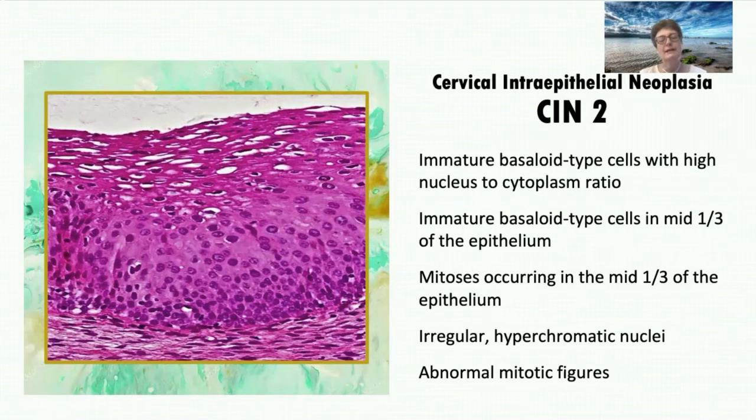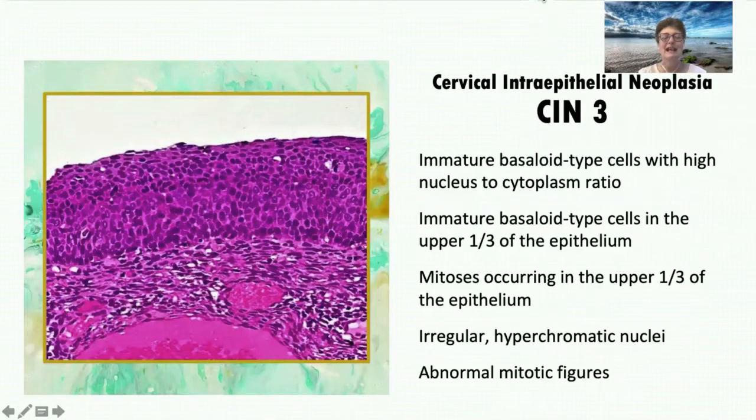We also get some mitoses associated with the basal cells, and they are again confined to the lower 2/3 of the epithelium. We can get abnormal mitotic figures associated with CIN2. In CIN2, the HPV types that cause this are the high-risk types. So things like HPV 16 and 18.